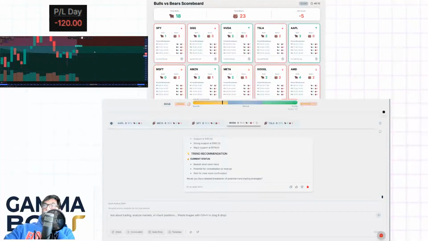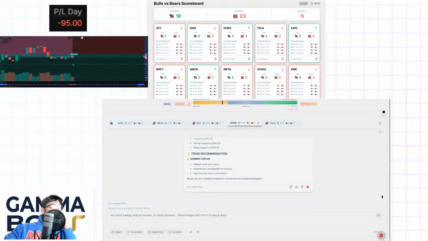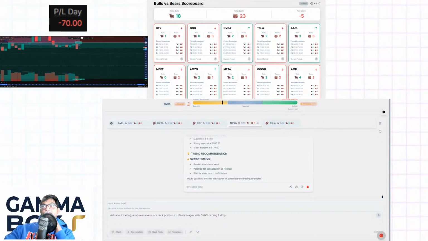Jeez, it's like waiting to get through this chop. 16 minutes to lunch. So hopefully this gets through, and I can close this out and call it a day and end in the green.